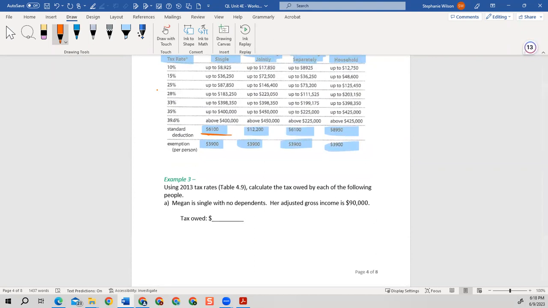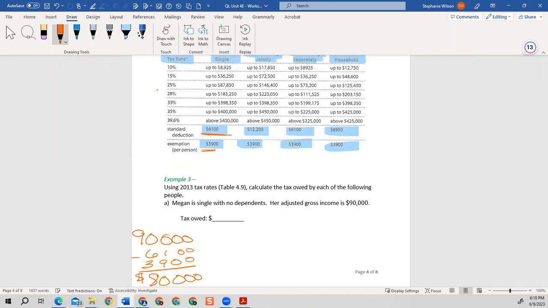So she's got a gross income of $90,000. And we're going to subtract the 6,100 and a 3,900 exemption. So these are the two things she qualifies for. When we do that, our taxable income becomes $80,000.